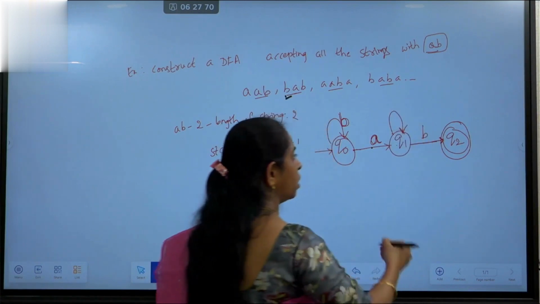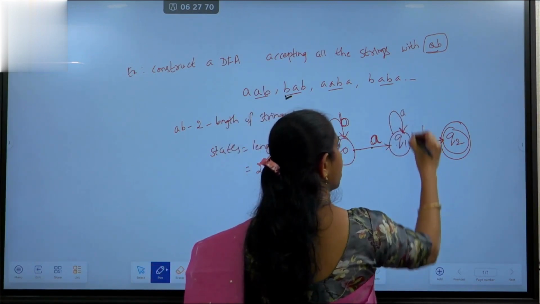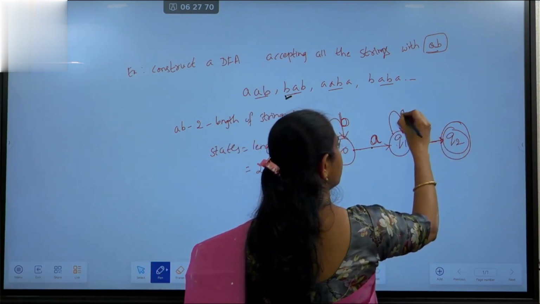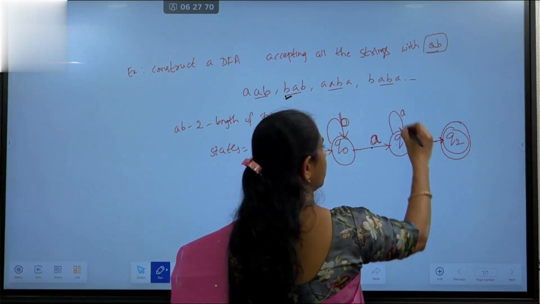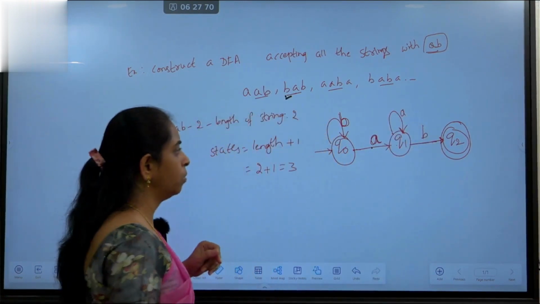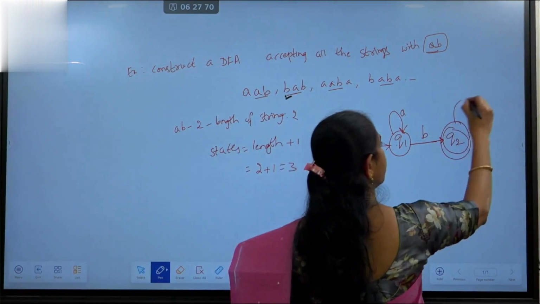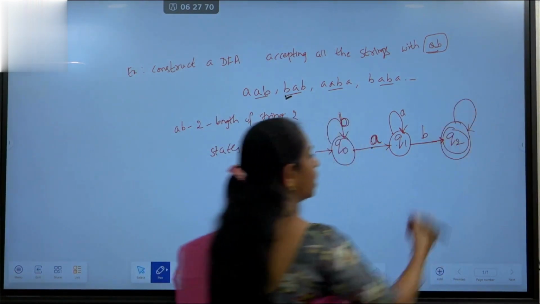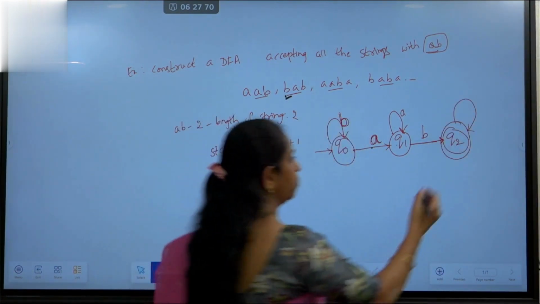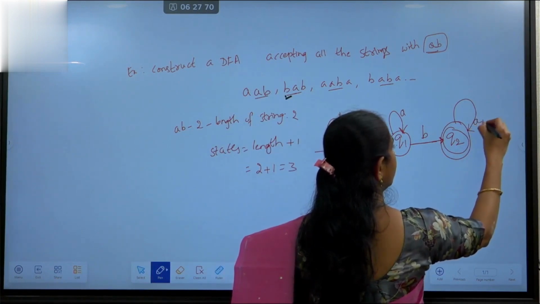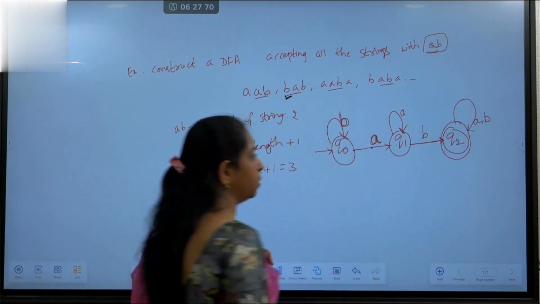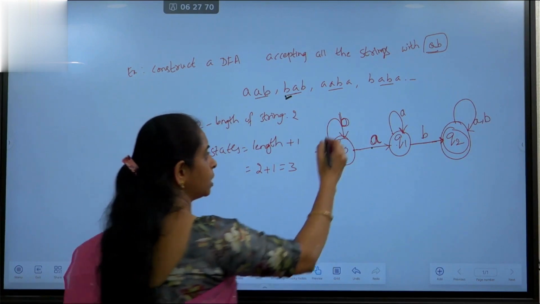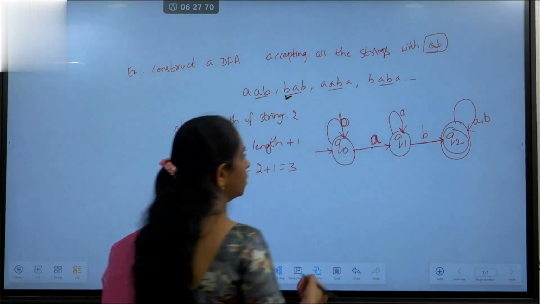We have one more choice. We can give A on Q1, because we have already used B, so we have one more chance to transition on A from Q1 to Q1. Based on this, we can give the transitions to Q2 also. So we have the possibility of either A or B. Whether the given question is satisfied or not, we have to check based on these things.